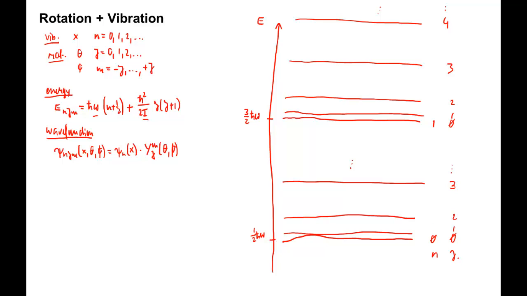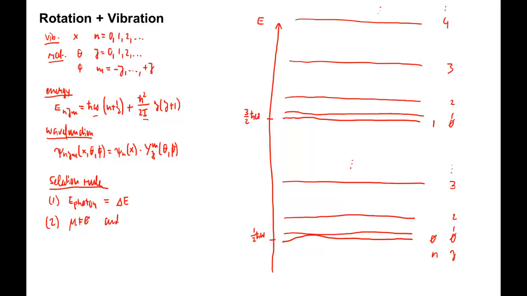In order for a photon to induce an allowed transition between 2 states, both vibrational and rotational selection rules must be satisfied simultaneously. Specifically, first, the photon energy must match an energy gap. E photon equals delta E. Second, the molecule must have an electric dipole moment, mu not equals 0.